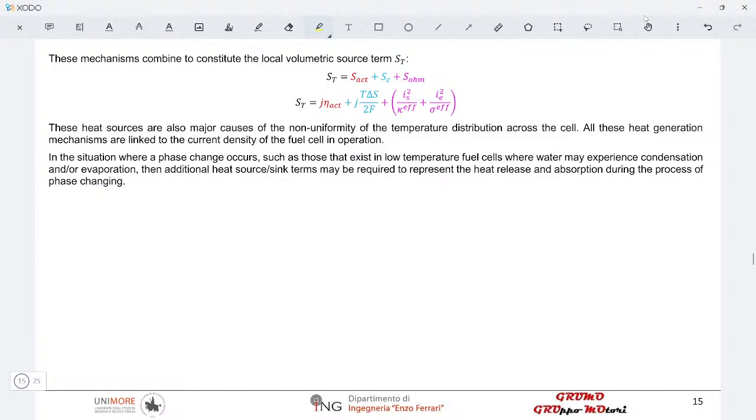So catalyst layers are the most critical parts for heat generation, because we have also the heat generation terms associated to the electrochemical reactions, which happen only at catalyst layers.